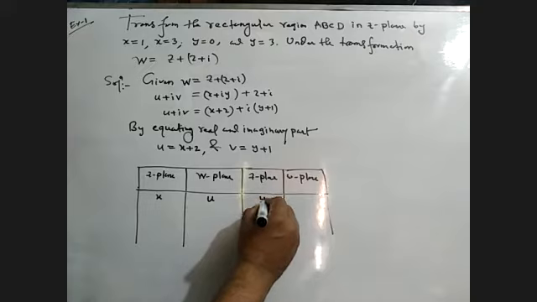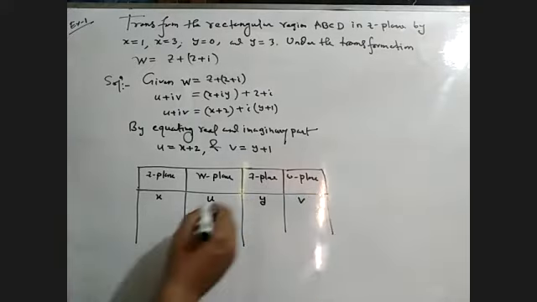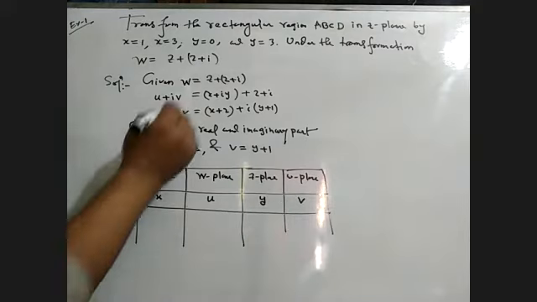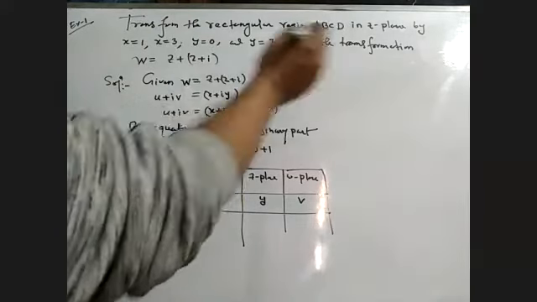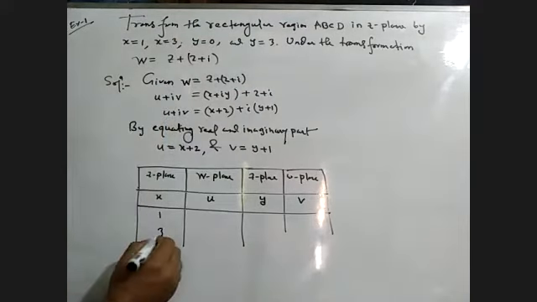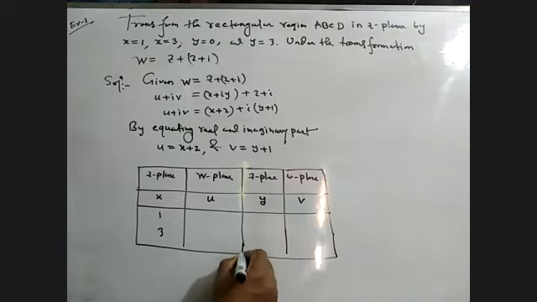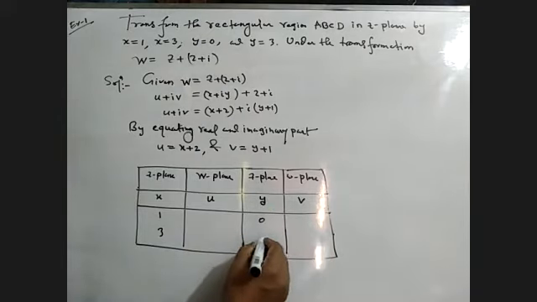Here the input is y, and v depends on y. The x values are 1 and 3, and the y values are 0 and 3.